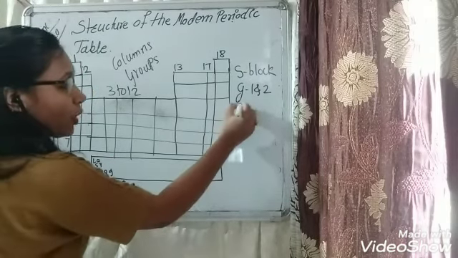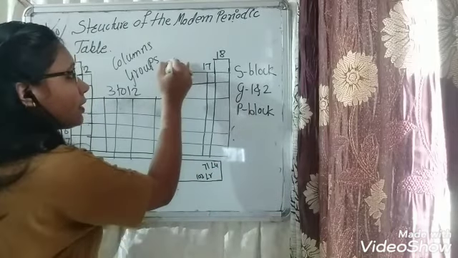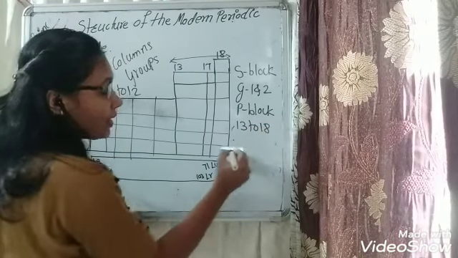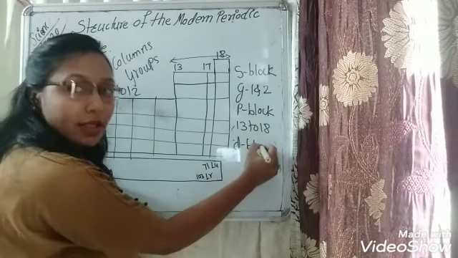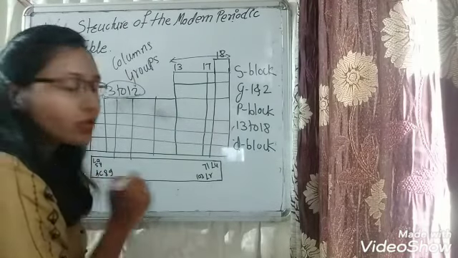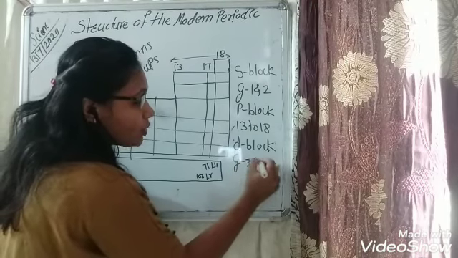Whereas the P block is formed by group numbers 13 to 18. Then the next block, the D block, is formed by group numbers 3 to 12.